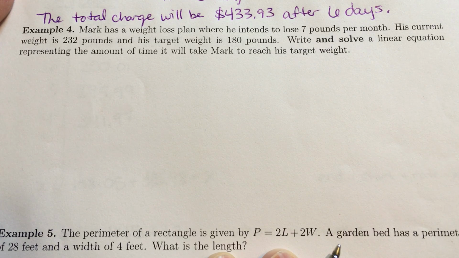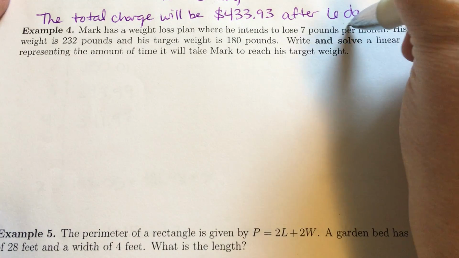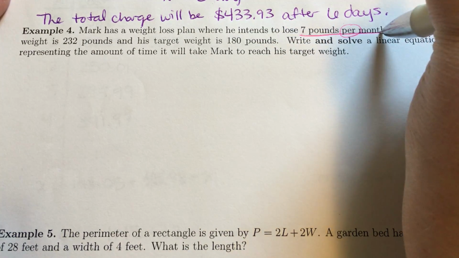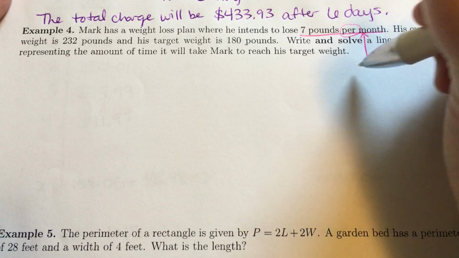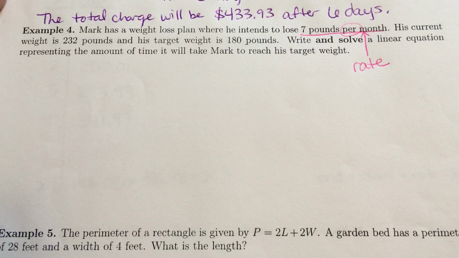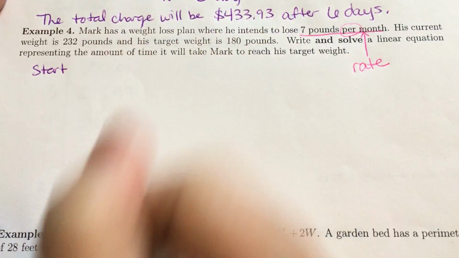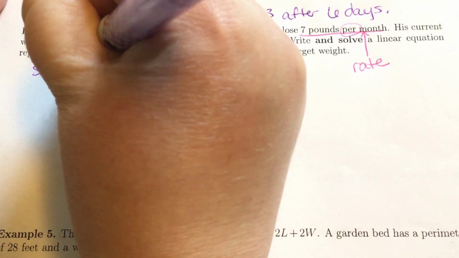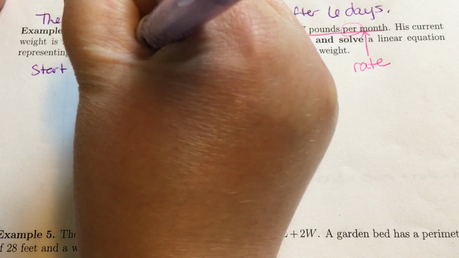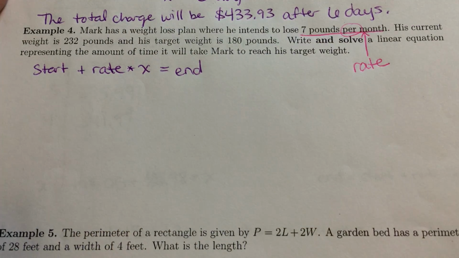Example 4 says Mark has a weight loss plan where he intends to lose 7 pounds per month. And right away, this per month is making this a rate. So that's what we're going to put in for rate in our equation. And I often like to write out the form of the equation that we're going to be using, which is start plus rate times X equals the ending value.